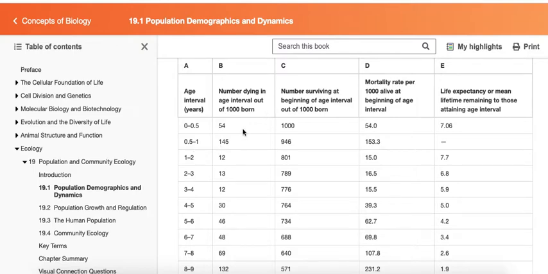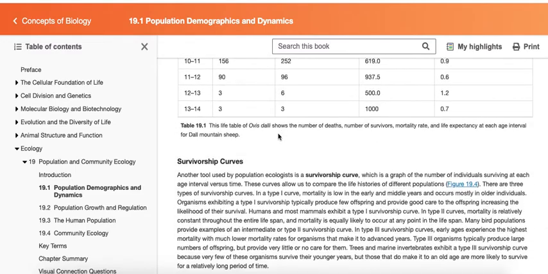And so here is what's called a life table, and this will have the age, the number that's dying, the number that's surviving, and the rate. And this is the life expectancy, or the average lifetime of those getting to this point. So the average right here from 0 to 6 months old, and this one I believe is about sheep.